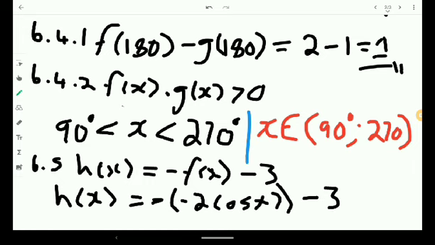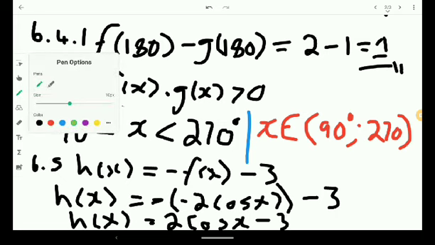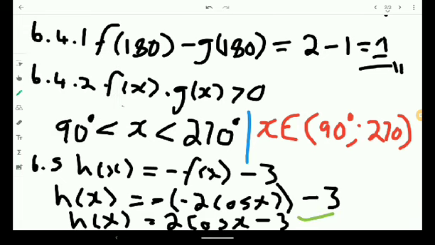So this is how you should write it. So your final answer should be h at x equals positive 2 cos x minus 3. So this is your final answer, at the bottom.